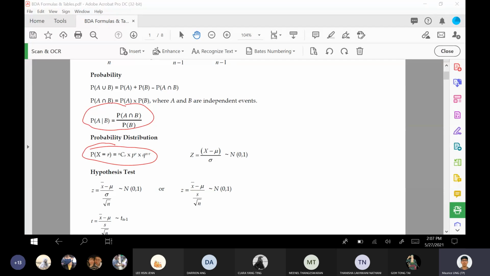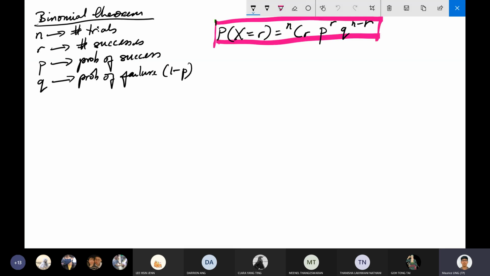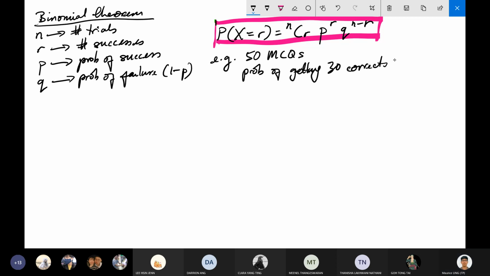Okay. So in this case, how will you calculate, for example, let's say we did this in your lectures and lab already. For example, you have 50 MCQs, and we want to find out the probability of getting 30 marks or 30 corrects. It's 4 choices.